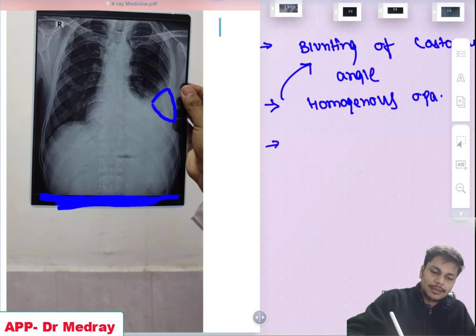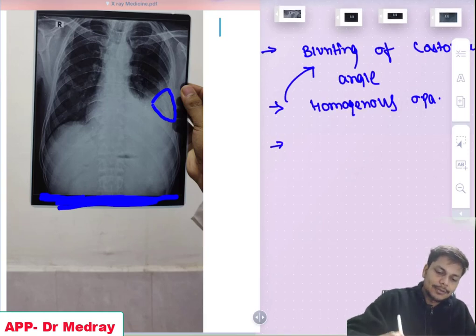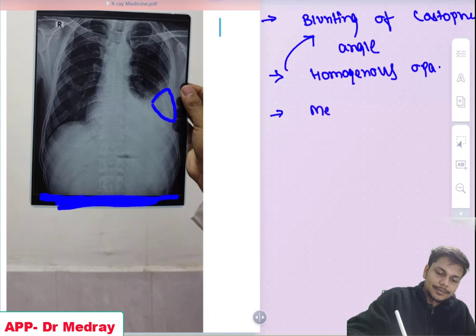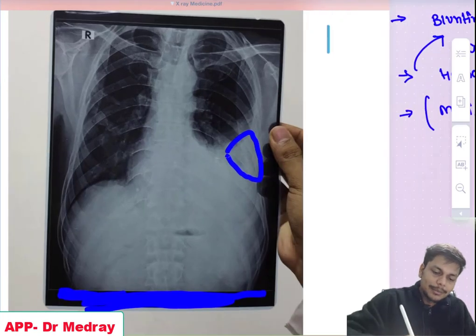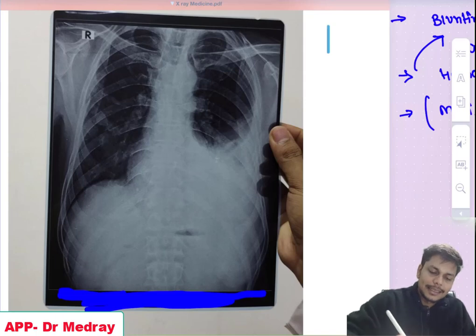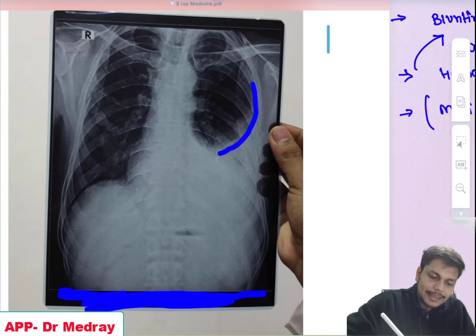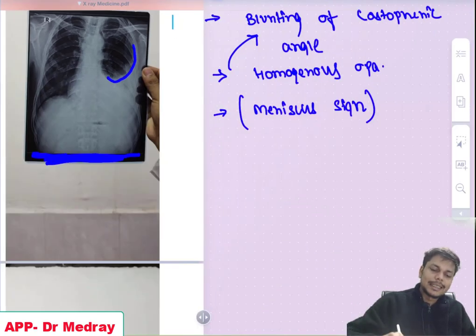The patient is also having the meniscal sign. What is the meniscal sign? We know there is a meniscus in the knee. This sign resembles the meniscus which is present in the knee joint. Can you see there is a line here? So this is the meniscal sign.